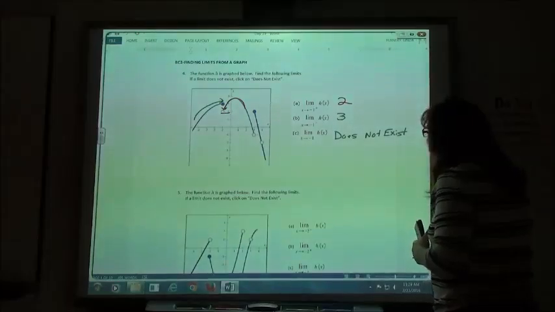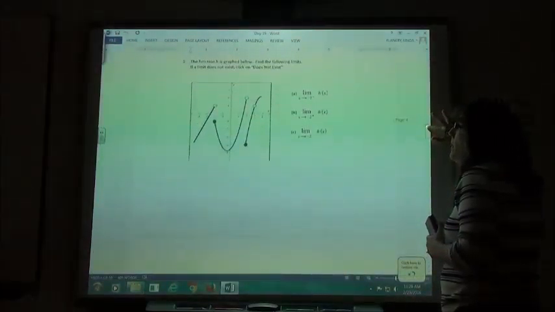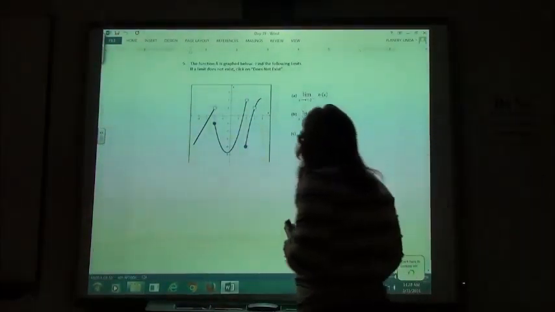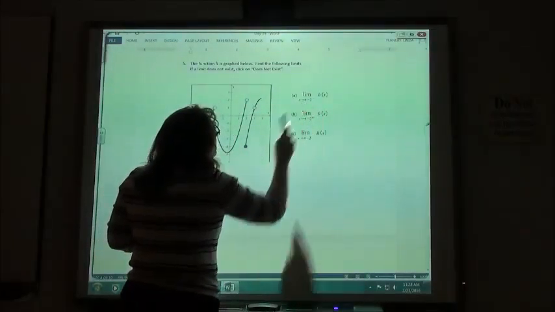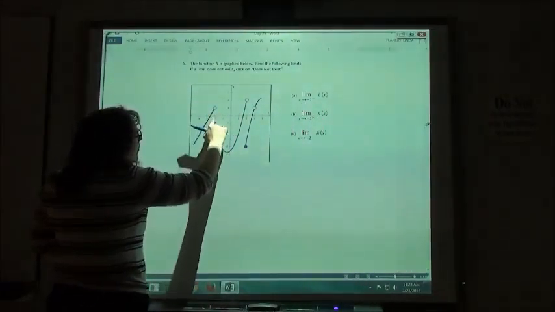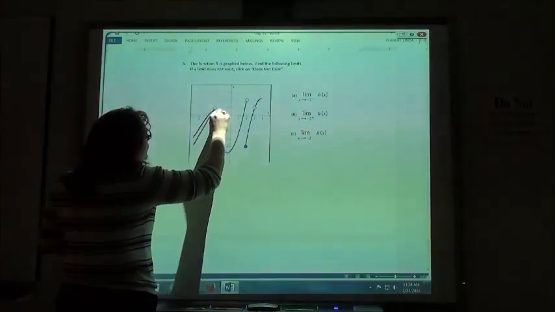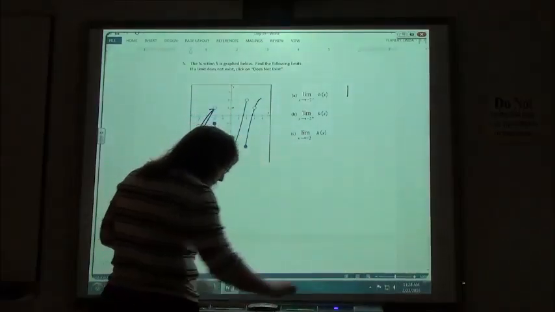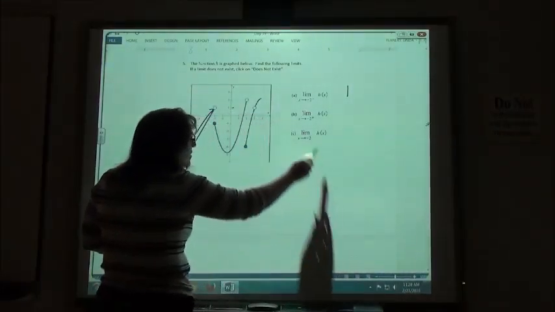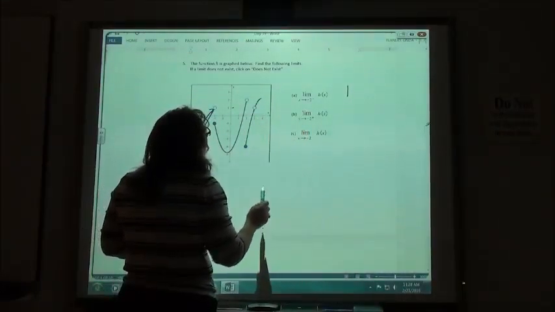So if we look at number 5, we're looking at our function h as x approaches -2 from the negative direction. So I'm approaching -2 from the negative direction. My limit here would be 1. This tells us to approach -2 from the positive direction.